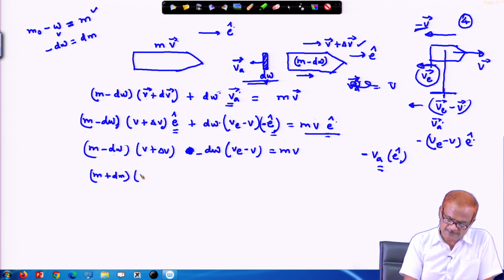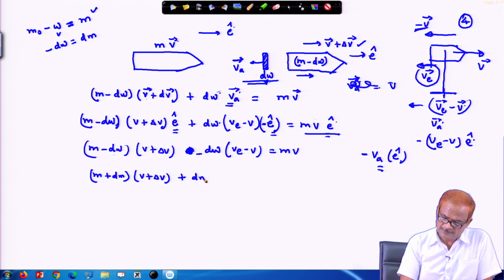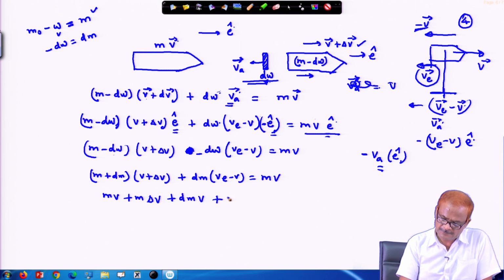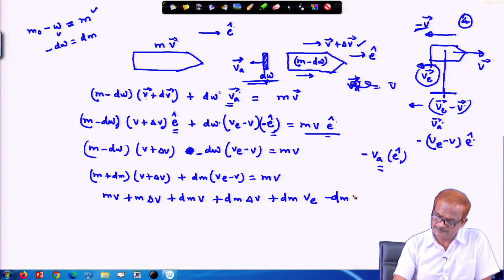So, this becomes plus v plus delta v, and this becomes plus dm times v minus v, m v. Expand it: m v plus m delta v plus dm v plus dm times delta v plus dm times v minus dm v equal to m v.